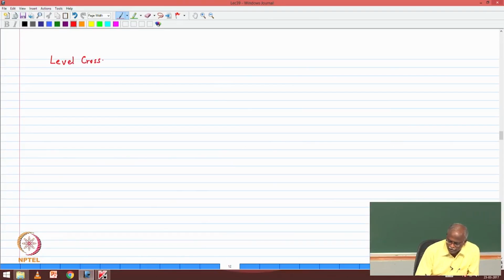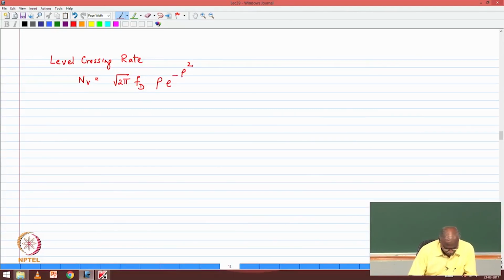Given a certain threshold for fading, how often does your fading envelope cross that? This is given by N_V equal to root 2 pi times f_D rho e power minus rho squared, where rho is V threshold divided by V RMS.